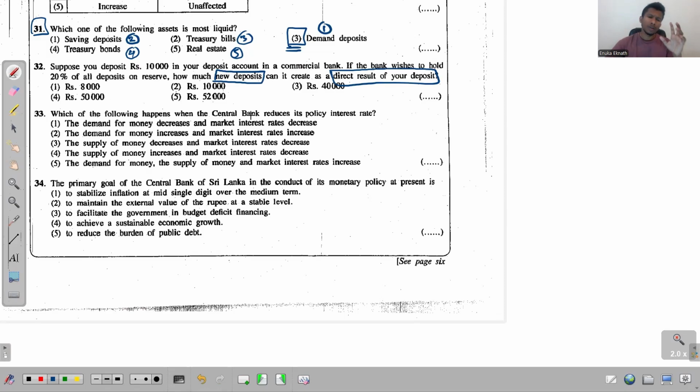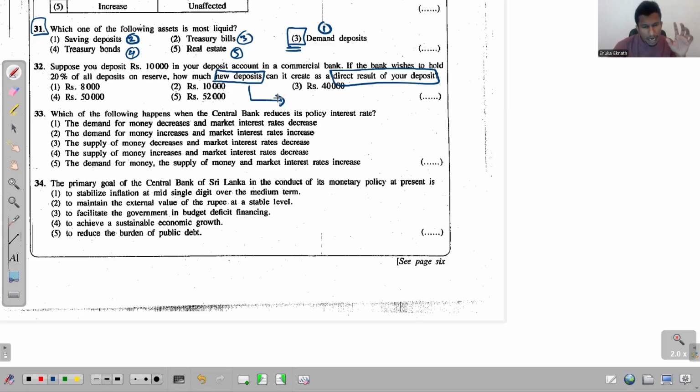Okay, so let me explain the first one. New deposit means, see, when you deposit a certain amount, the bank keeps the statutory reserve and the rest the bank can lend. So when the bank lends this money, the customer takes the money, goes to another bank and opens another demand deposit. So that is the meaning of this new deposit.